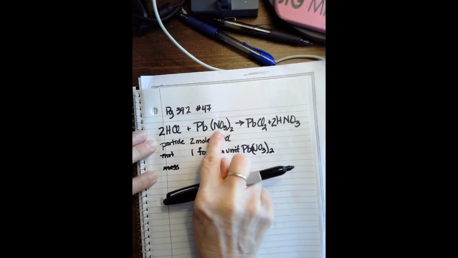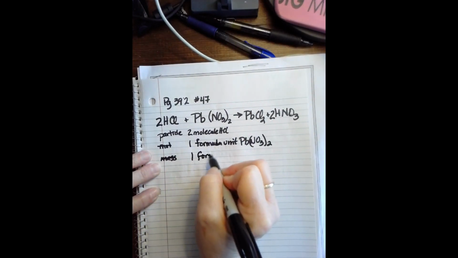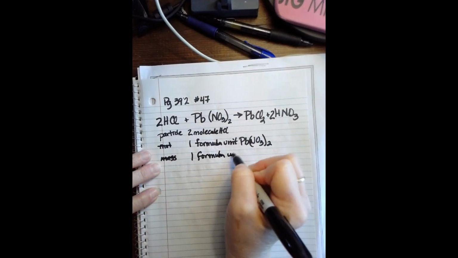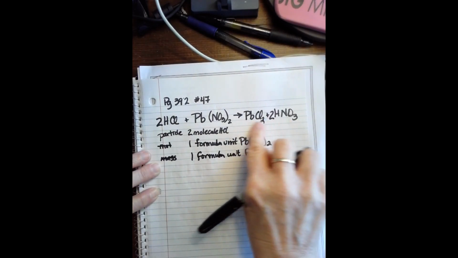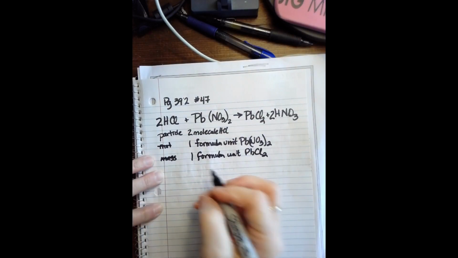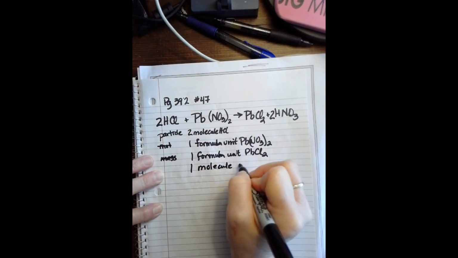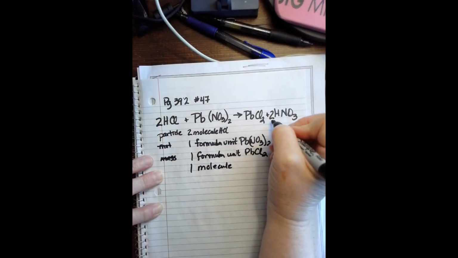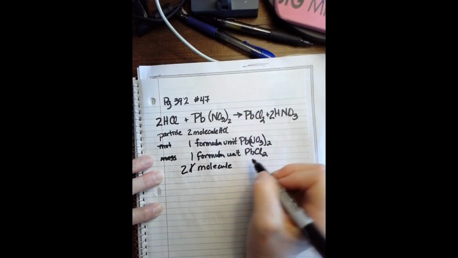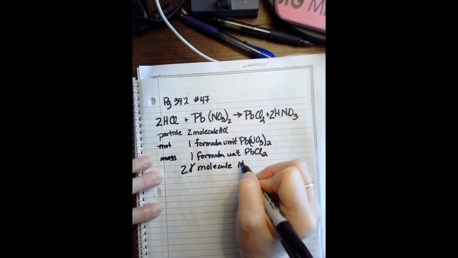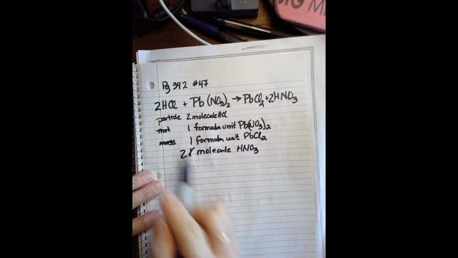This is a formula unit because these are ions. 1 formula unit of PbCl2, because this is an ionic compound, a metal and a nonmetal. And then 1 molecule of nitric acid. I'm sorry, I made an error. That would be 2 molecules, because of my coefficient there, 2 molecules of HNO3.